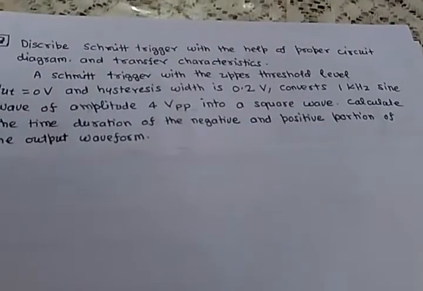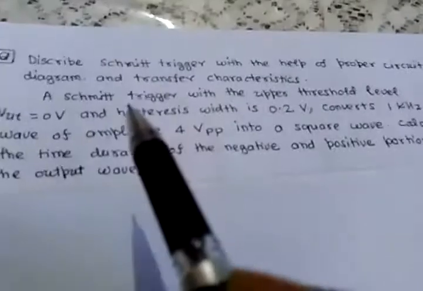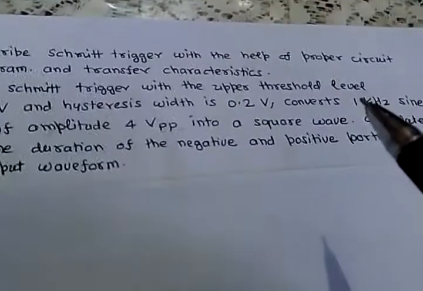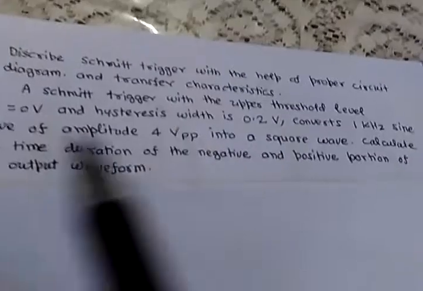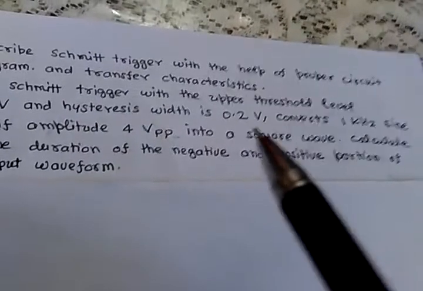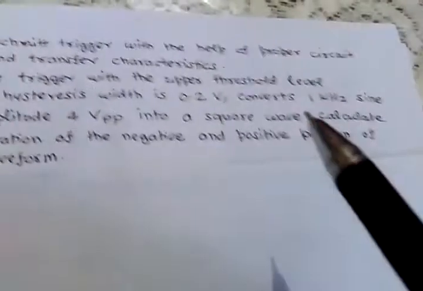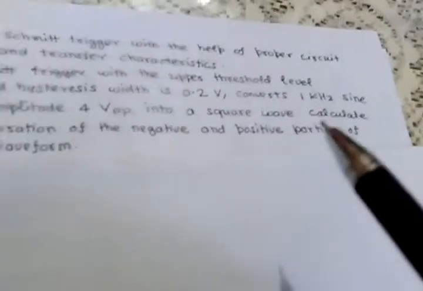In this video, we will solve a problem on Schmitt trigger, and the problem is: a Schmitt trigger with the upper threshold level VUT equals 0 volt and hysteresis width of 0.2 volt converts a 1 kilohertz sine wave of amplitude 4 volt peak to peak into a square wave.